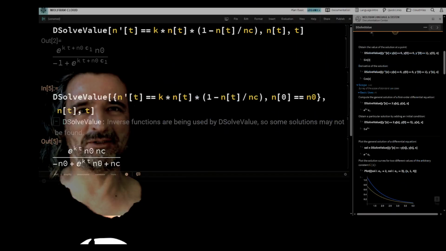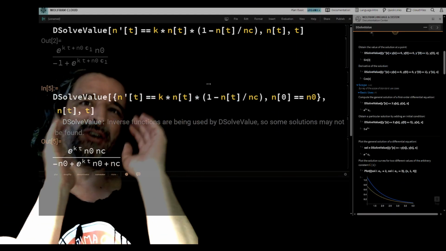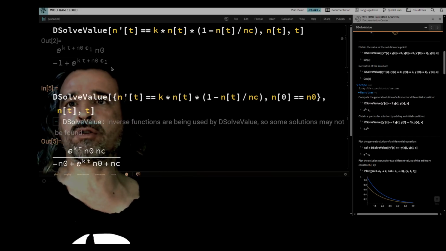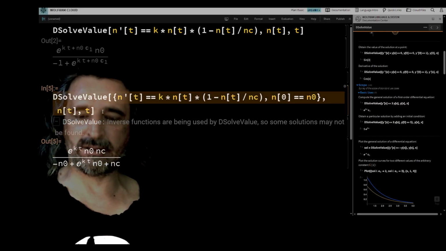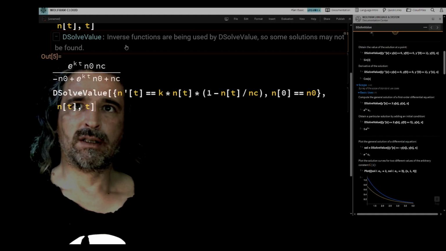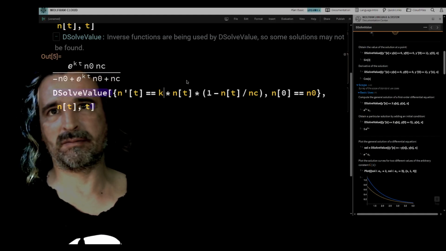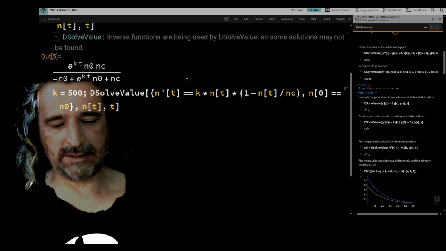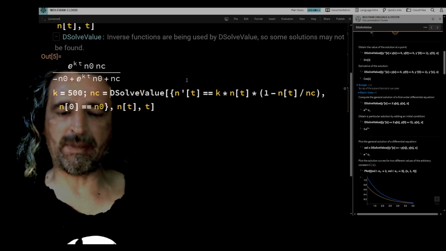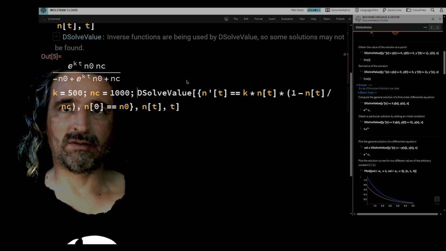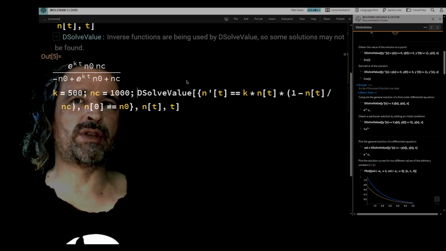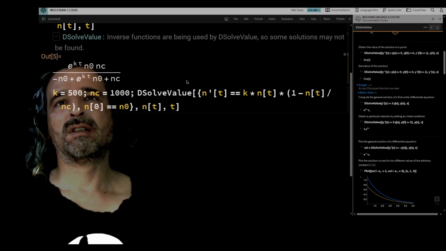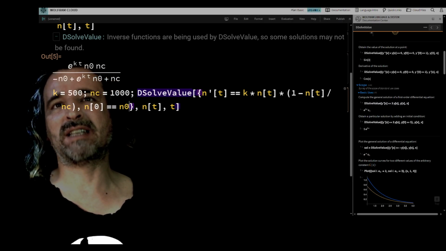So let me again show it. Again, this is the general formula, but if you substitute numbers, for instance, let's say that K is 500,000, and that NC, the carrying capacity, is 1 million, right? And the initial condition, let's say that is 10.